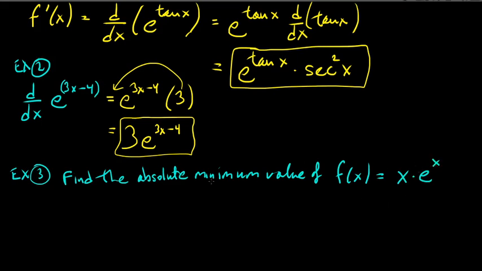First of all, it's not a trick question. Does it even have a minimum value? I assure you it does. It does have an absolute minimum value here, and we want to find that minimum value.